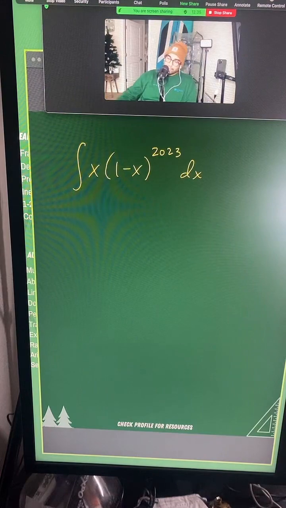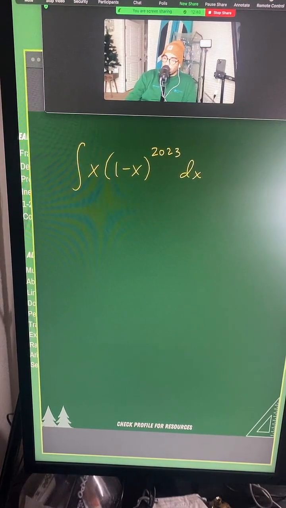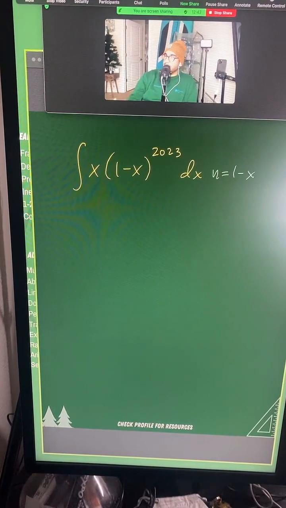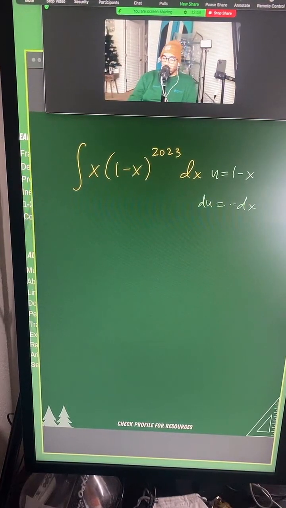Let's just try u sub. Okay. So let's go ahead and make u equal to 1 minus x. And now I take the derivative, so du is equal to negative dx. Okay, so let's just go ahead and put that on the other side.